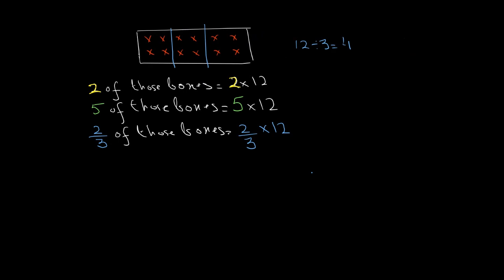So the interpretation that I'm giving for 2/3 times 12 is actually equal to 2 multiplied by 12 divided by 3, because I'm taking 2 of those thirds, and each third has exactly 4 eggs, 12 divided by 3. So it's exactly equal to 2 into 12 divided by 3.